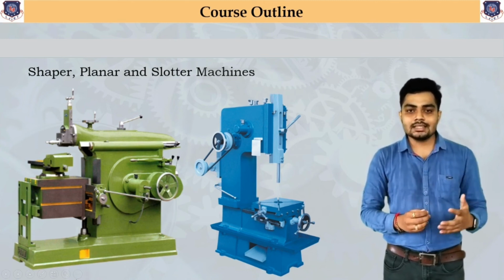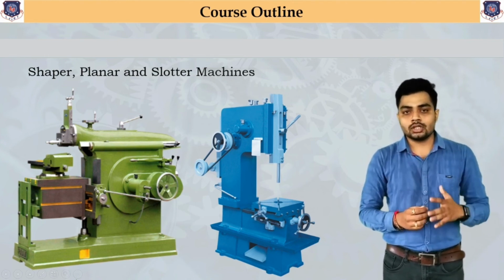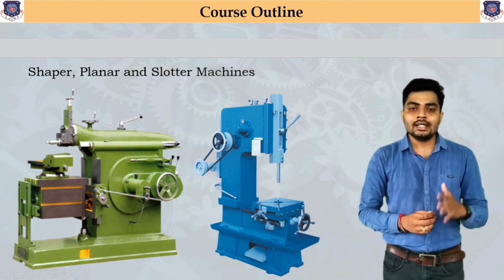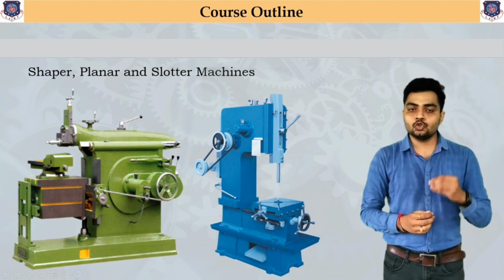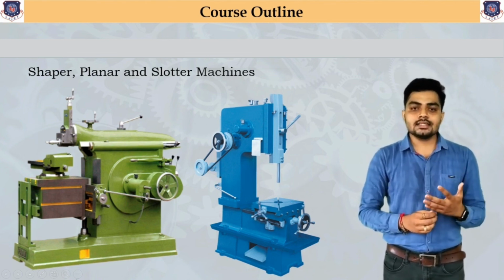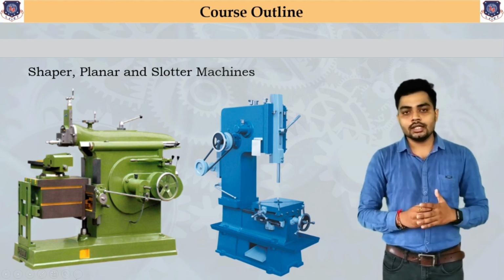This mechanism we are also going to study. The main advantage of these machineries is that reciprocating motion is given to the tool and workpiece as per requirement. How these machines are operated is the main important part to understand in this topic.